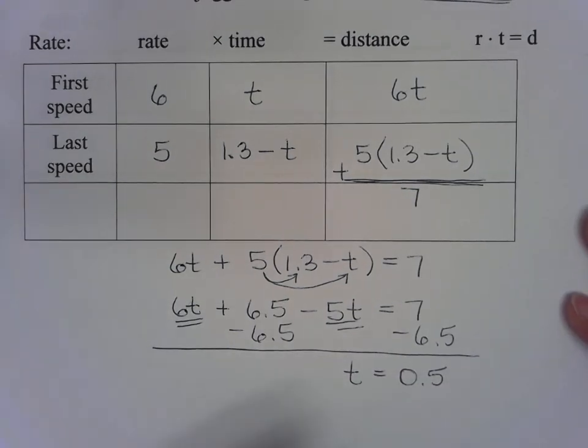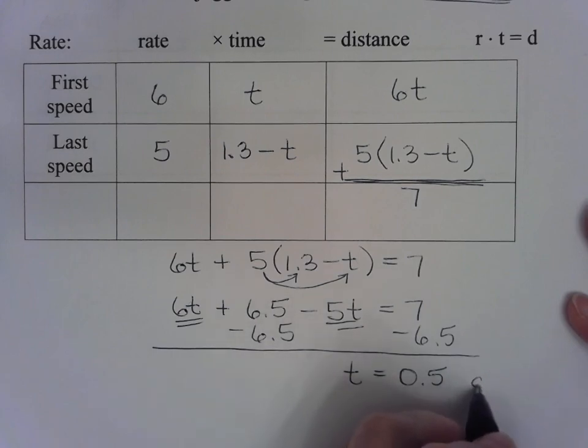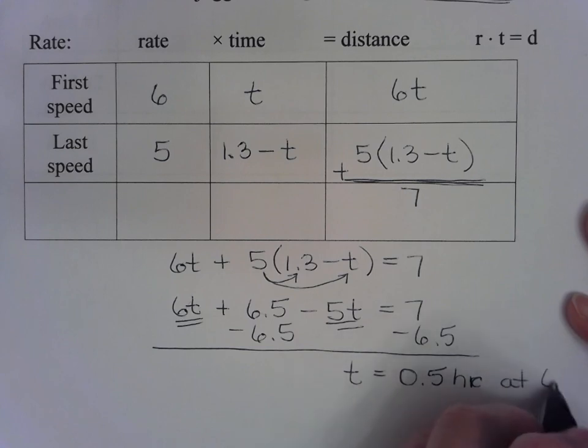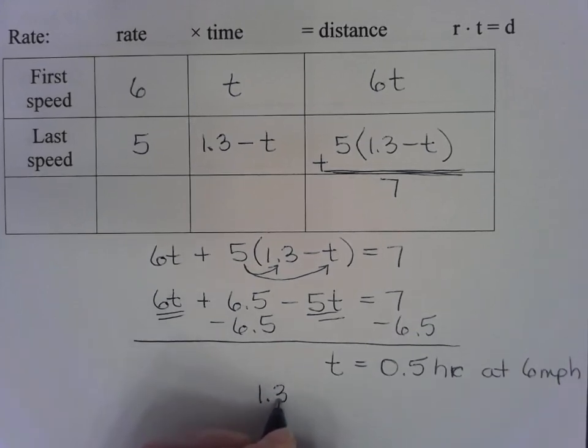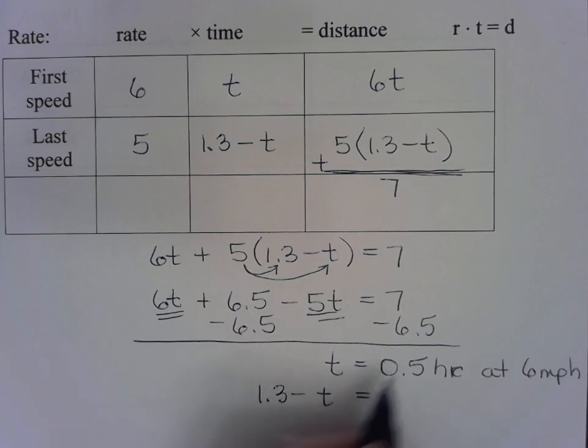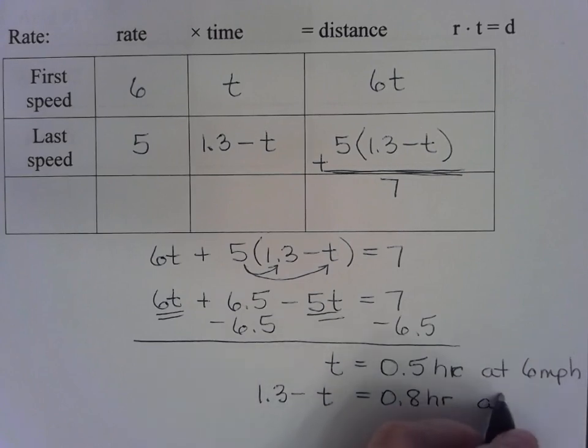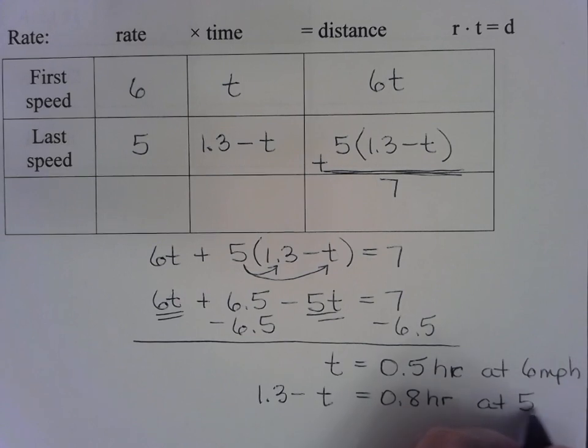So remember, that's the time jogged at 6 miles an hour, so we should say that's 0.5 hours jogged at 6 miles an hour. And then the second part of the journey, we're going to take the 1.3 minus 0.5, which would give us 0.8, so 0.8 of an hour jogged at 5 miles an hour.